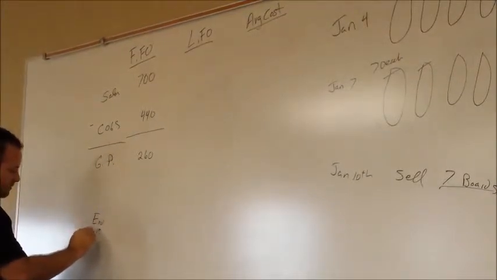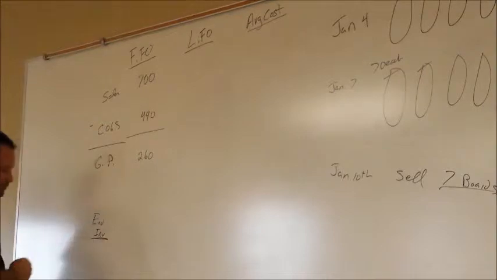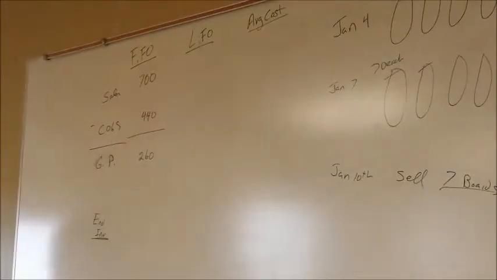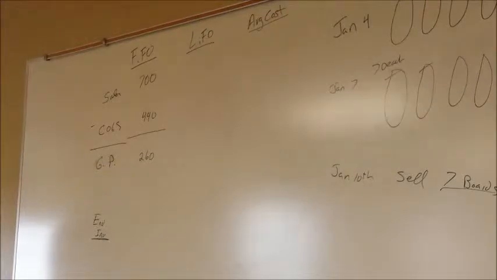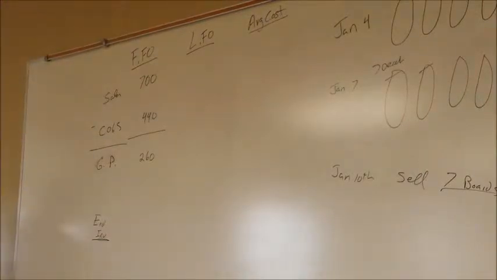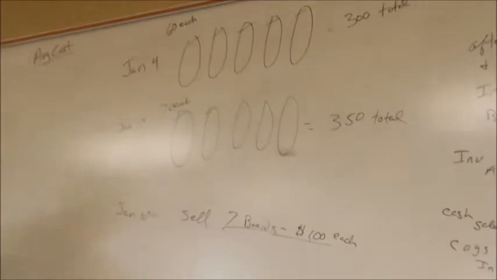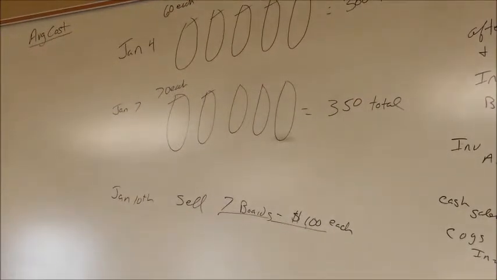And if I was looking at my balance sheet, how much do I have left in ending inventory? Oh, sorry. Yeah, 3 boards. 210? Yeah, 210. 70 plus 70 is 140 plus 70. I have $210 left in my ending inventory.